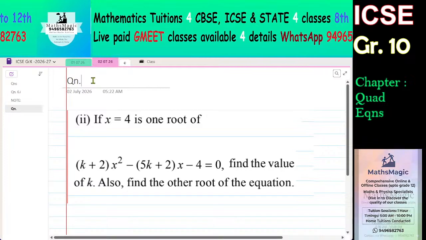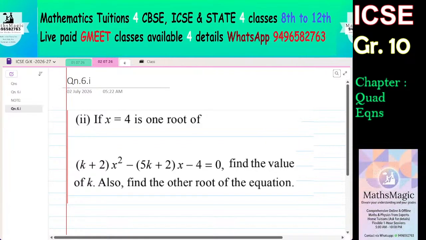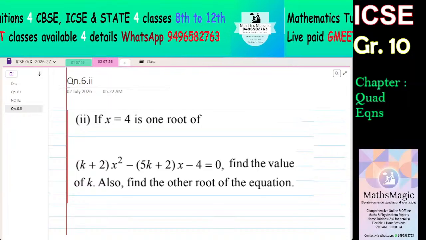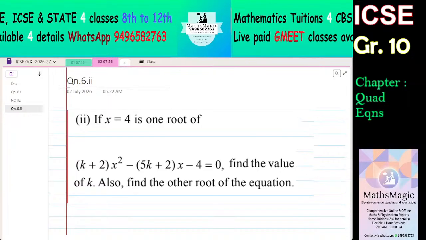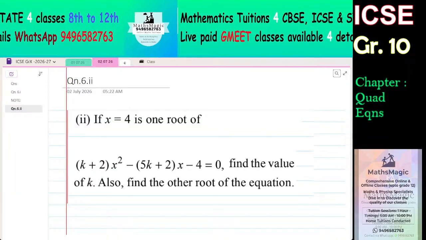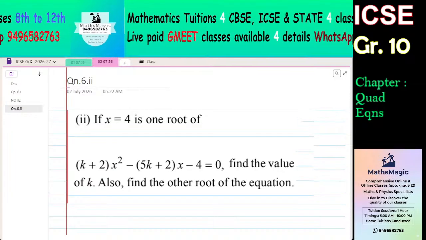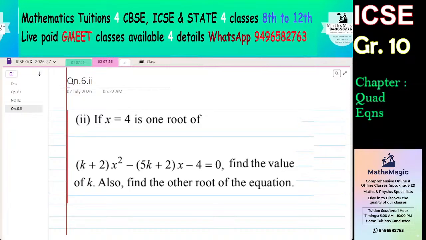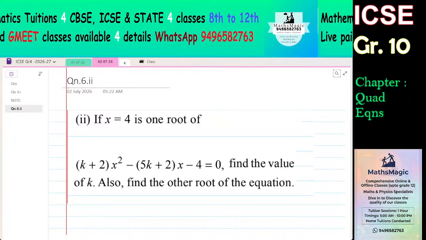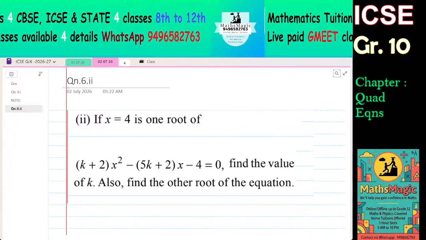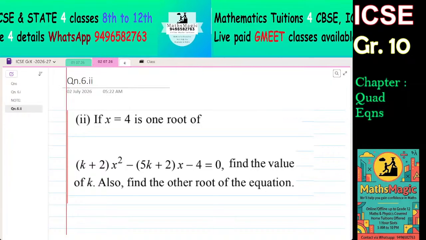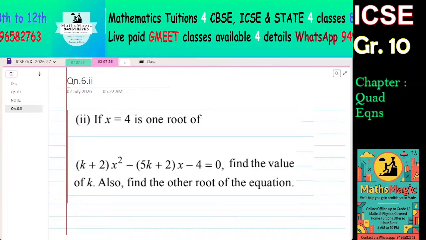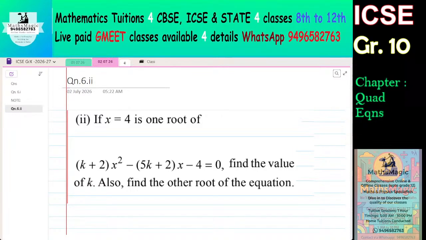It's better that you do this as homework, as most of you have completed, some have a little bit of doubts in that. Just take down this question and I will send you the answer if you have any doubts also. We will move on to the next question.